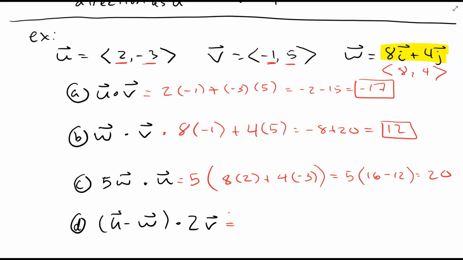I don't know any reason why I'd want to distribute the dot product across because it makes more work for myself. I'm just going to subtract the two vectors because I know exactly what these two vectors are, and it's not difficult to do that subtraction. So u minus w is going to be 2 minus 8, and then negative 3 minus 4.